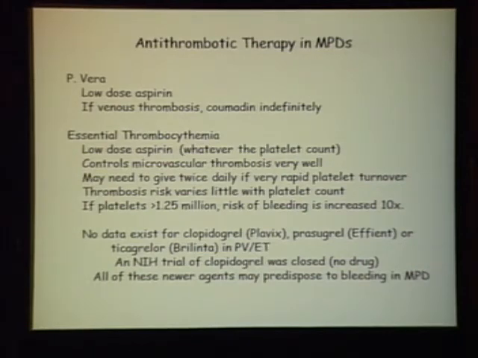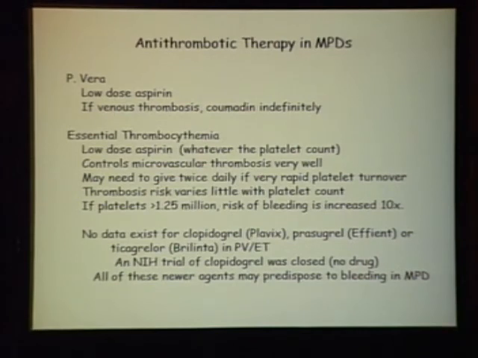All of these newer agents may predispose to bleeding because they're powerful and very long-acting. And in fact, the newer agents, prasugrel and ticagrelor, in the cardiovascular setting do impose increased bleeding, and they're not being used as widely as people thought they would be. They're maybe too effective.